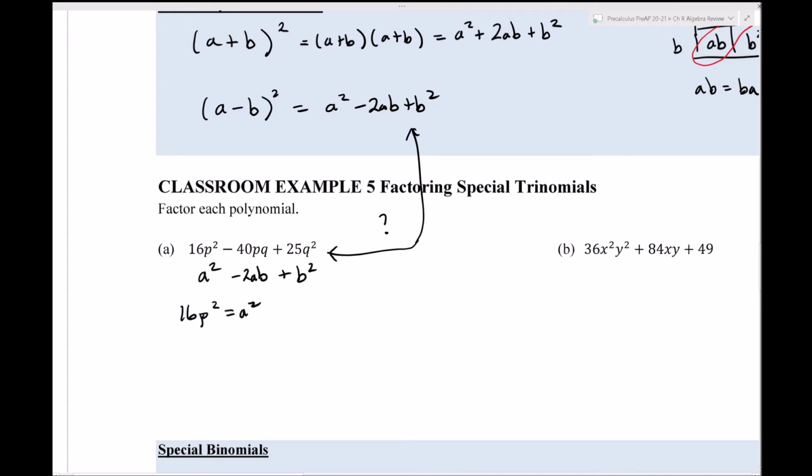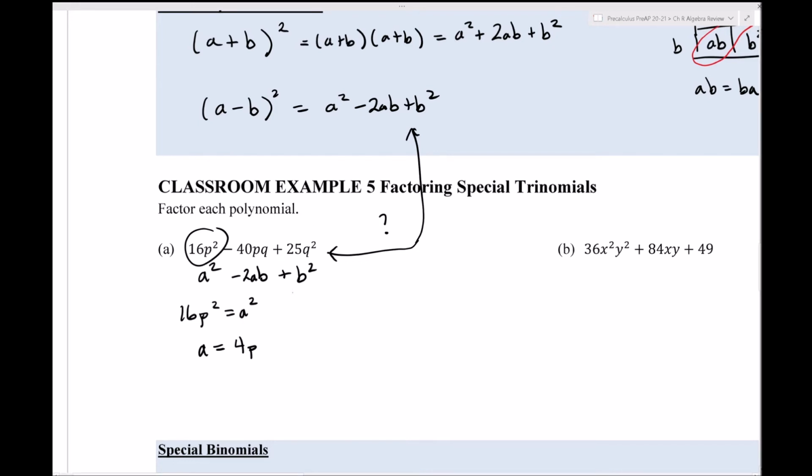The idea is A squared is the square of something. So to find out what that something is, we take the square root of what's there. So square root of 16p squared. What did we square in the first place to get 16p squared? This is telling me that A might be 4p, because 4p squared, 4 squared times p squared, is 16p squared.